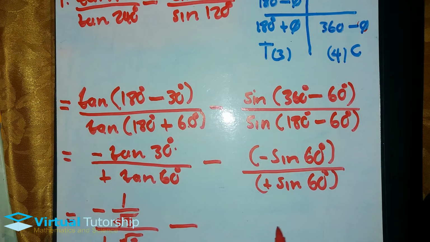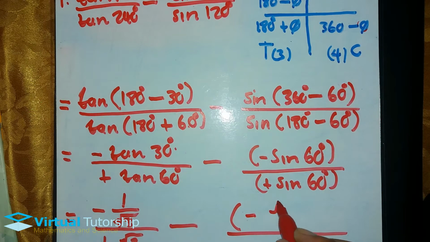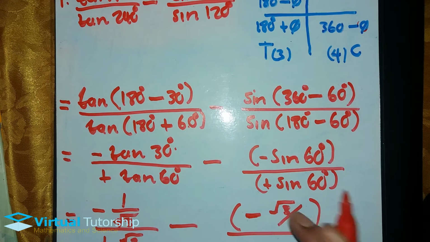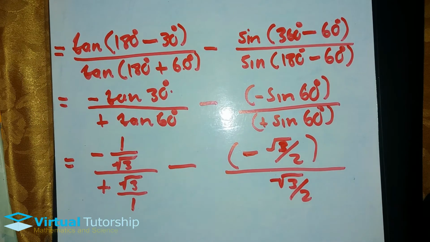Then sine 60 degrees ukunikeza a negative square root 3 over 2, and then remember this negative sign, so sine 60 degrees ayedwa ukunika is square root of 3 over 2, and then ngapha soba ne square root of 3 over 2 as well, ne?